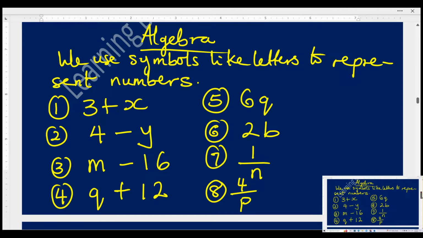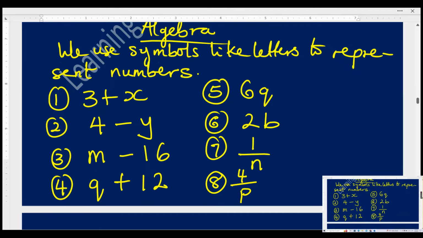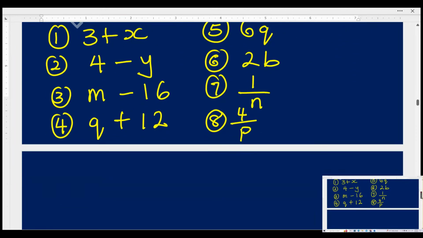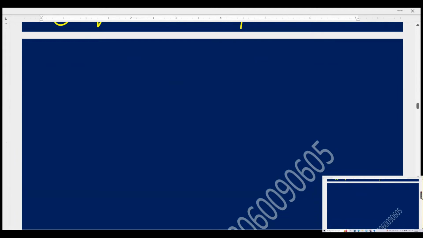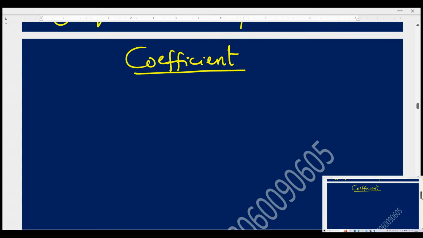Now, under algebra, you will also learn what we know as coefficients. So, what do we call coefficients? Everybody, I want you to type coefficient in the comment section.